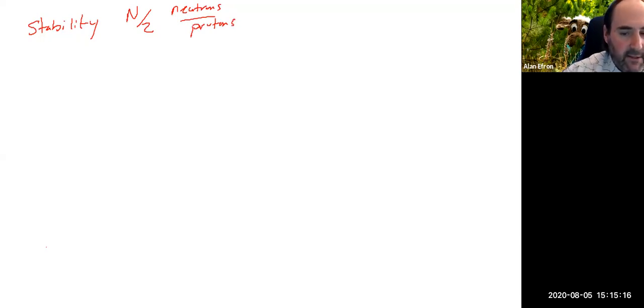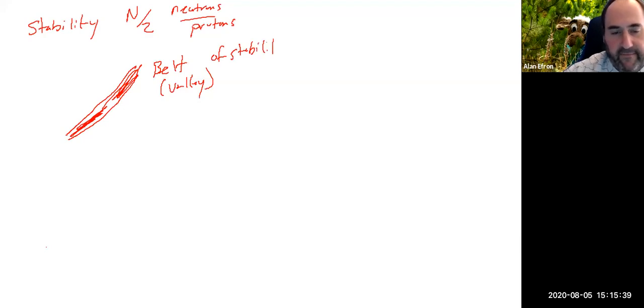We can use that ratio to help us understand whether something is stable or not. What we're comparing it to is that graph, if you remember, what is referred to as the belt of stability, or the valley of stability.